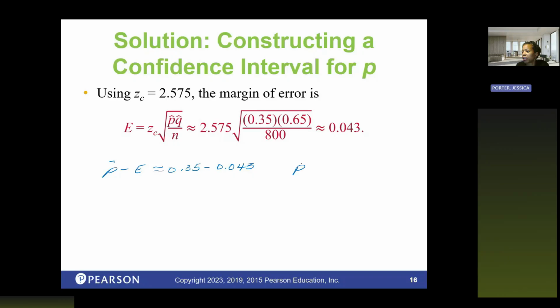And then p hat plus E, I'm going to approximate 0.35 plus 0.043. Now I'll just tell you those numbers: 0.307 is less than p, is less than 0.393.